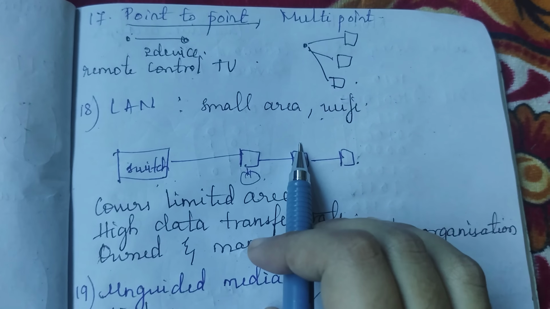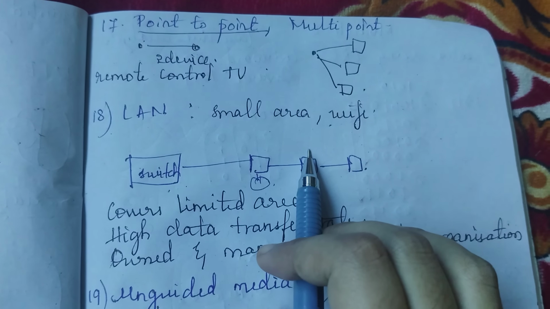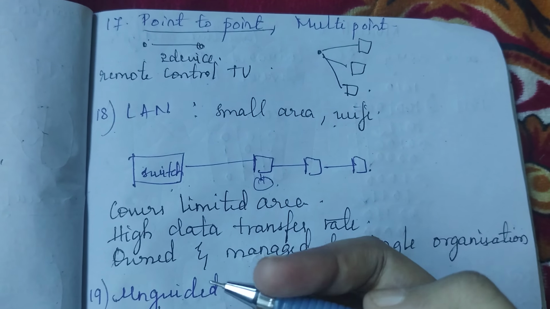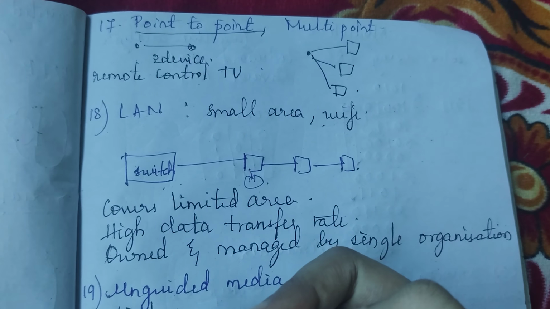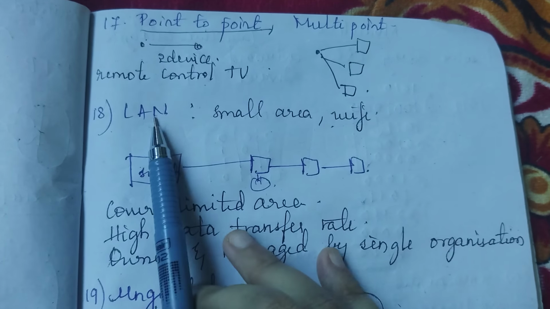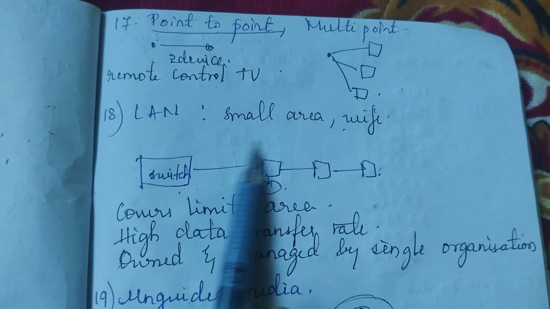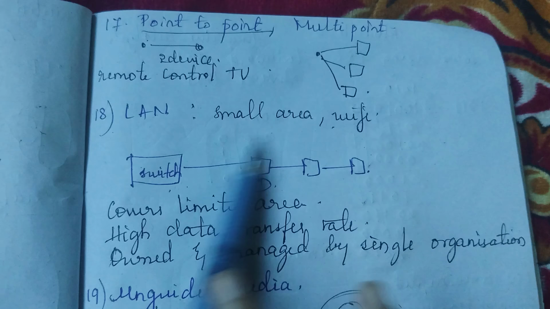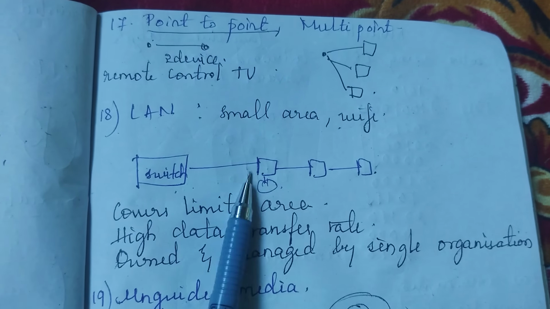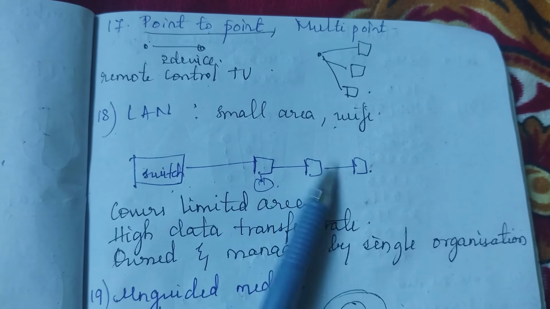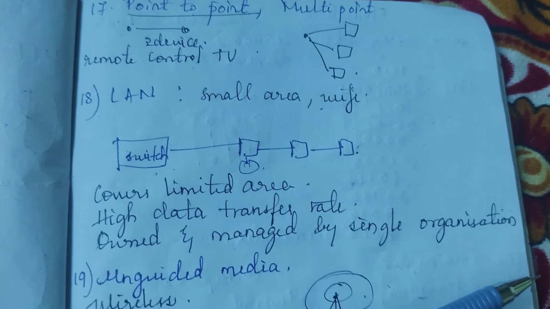If you have Wi-Fi in your house and you go somewhere up to maybe 100 or 200 meters, you will not get the fast internet facility. So that is the example for LAN. It will only cover the limited area. It will give high data transfer only when you are in that particular area, and it can be owned and managed by a single organization, right? For one house also we will have, so single organization.